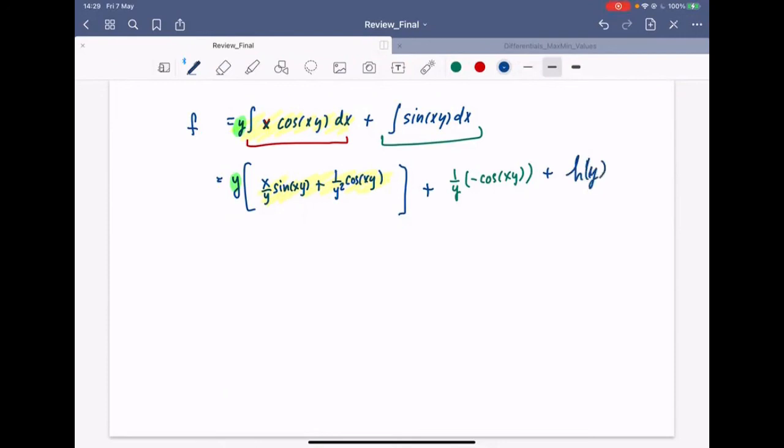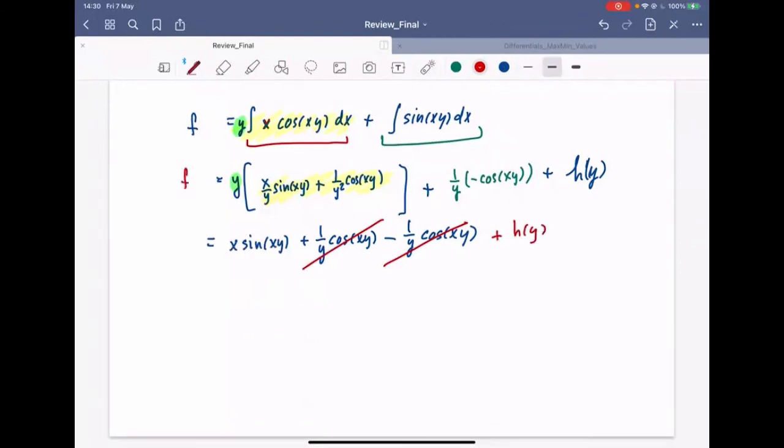Okay, we get x sine xy, and then plus 1 over y cosine xy, and then minus 1 over y cosine xy. Ooh, cancel. Then we get plus h of y.